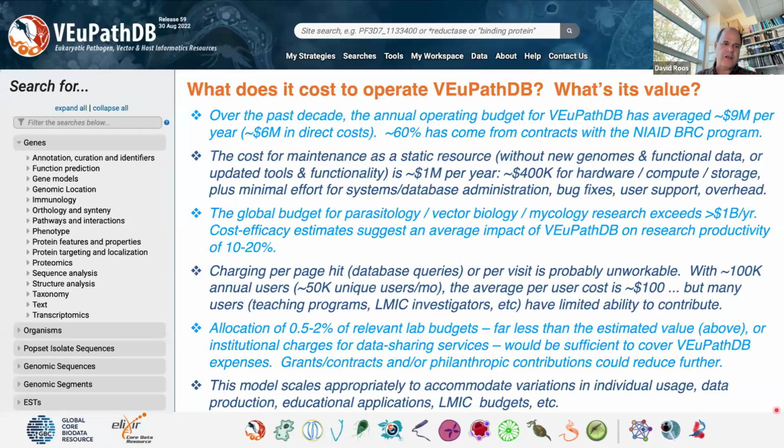But because the look and feel for VectorBase changed substantially, we kept the legacy version of VectorBase up and running for more than a year beyond that, just to ensure that no data was lost, and only shut that down when the community agreed that functionality had been replaced by VEuPathDB. That's what we were expecting would happen with VEuPathDB resources, but sadly that was not to be.